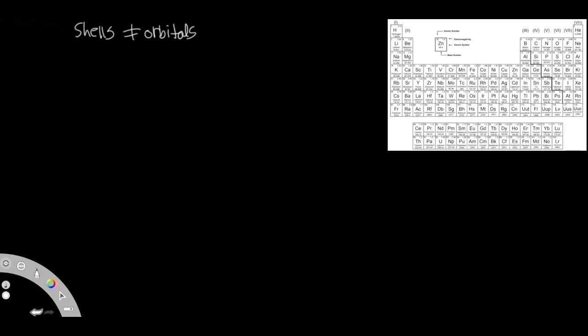The shells are not the orbitals, because electrons in different shells are in the different orbitals. So the shells are a collective amount of electrons, whereas the orbitals are electrons in the different shells.